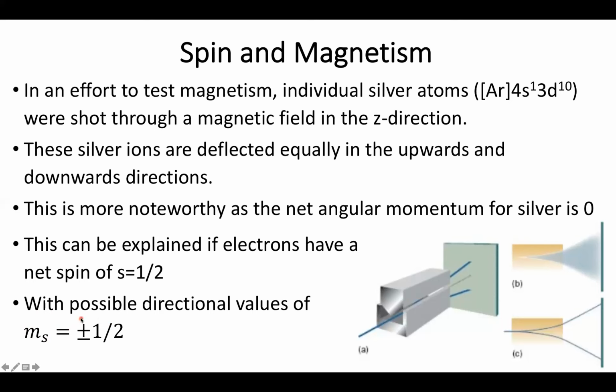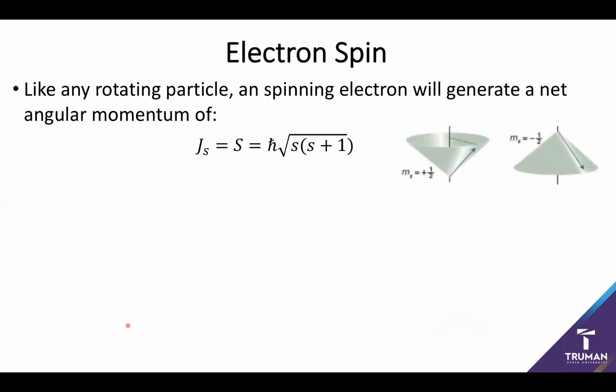Now, one of the cool features is we've already talked about angular momentum, and orbital angular momentum is going to behave almost exactly like spin angular momentum. So I can use all my equations from a rotating system before, and I can find the total angular momentum for my spinning object, which will often be denoted as an uppercase S, which I'm sorry, is going to be distinct from our lowercase s.